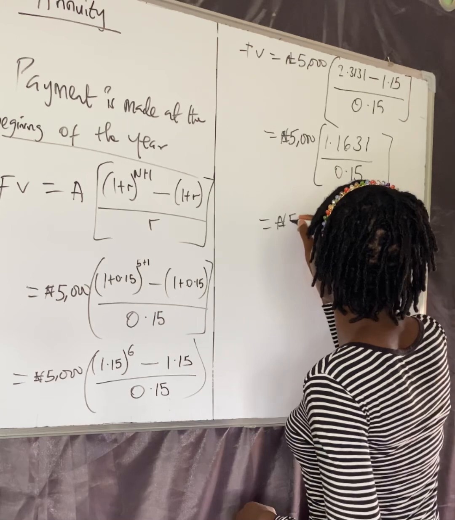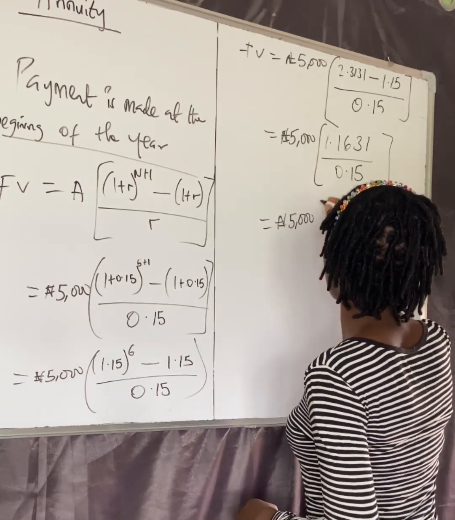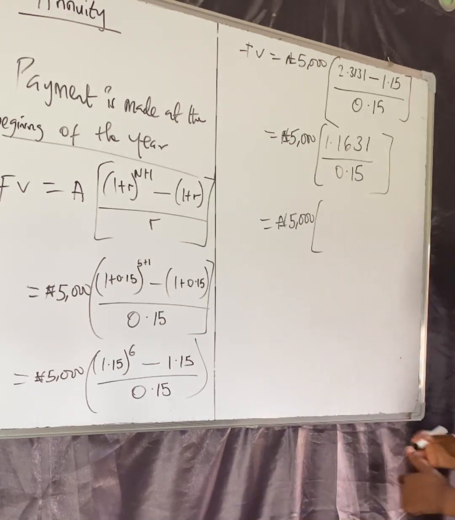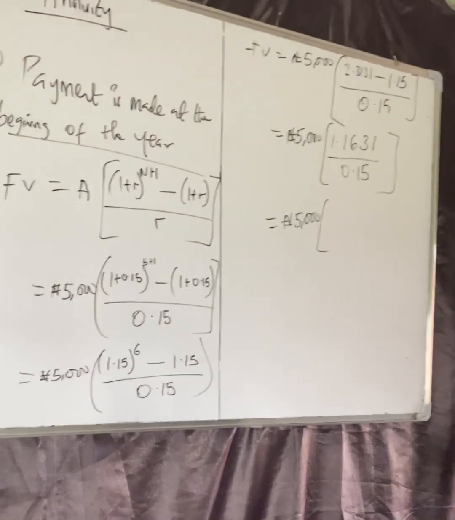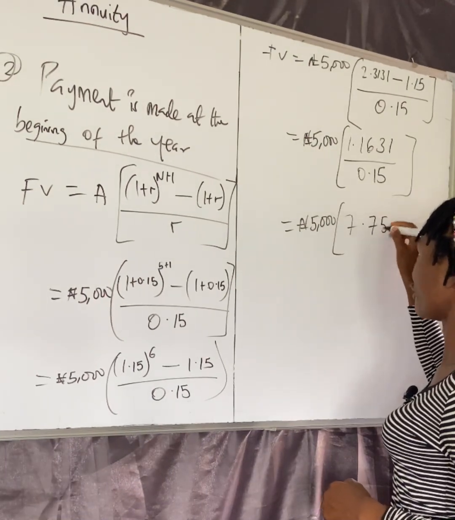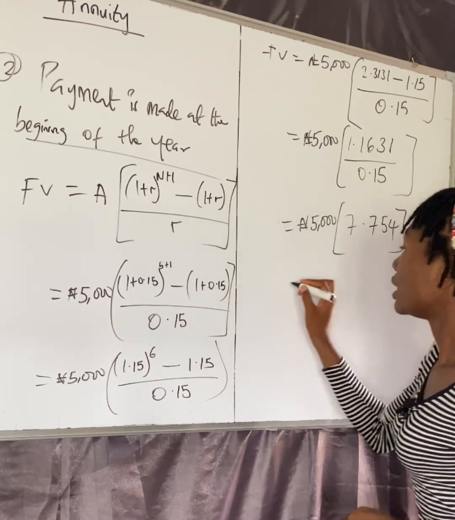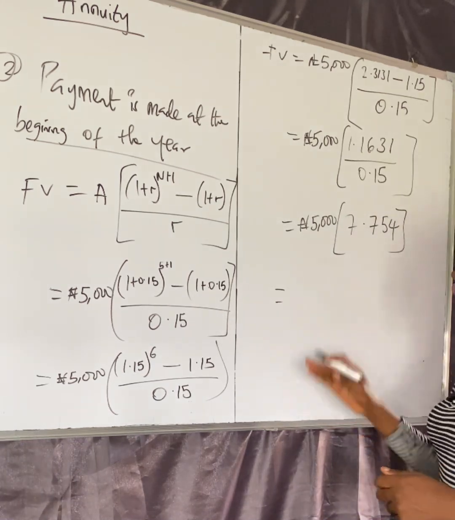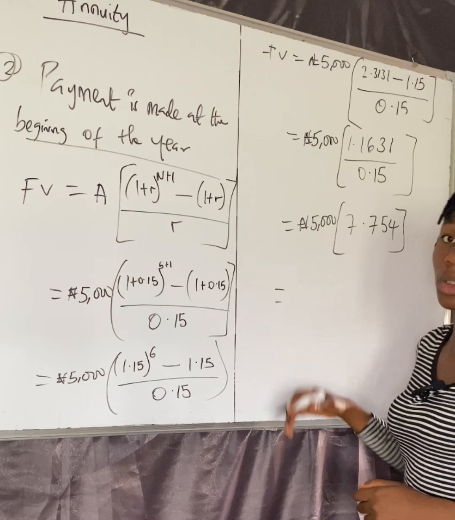Now 1.1631 divided by 0.15 will give us 7.754.